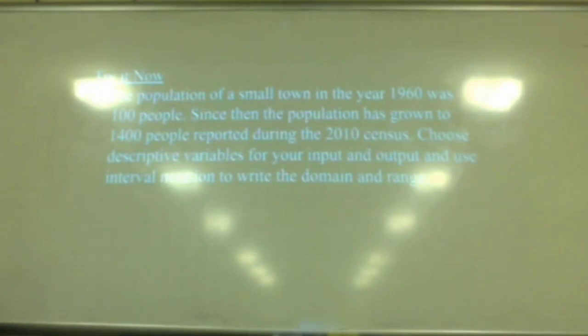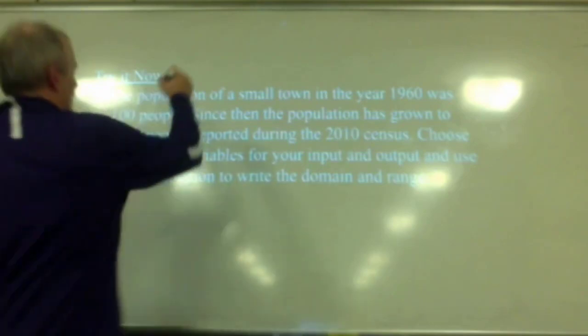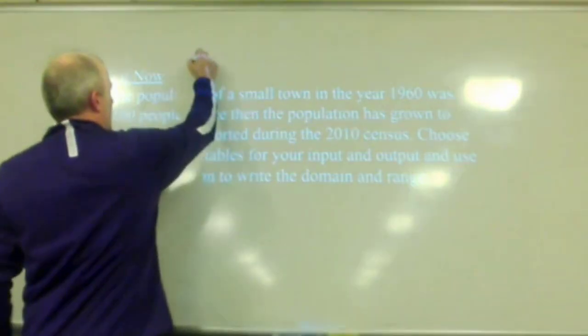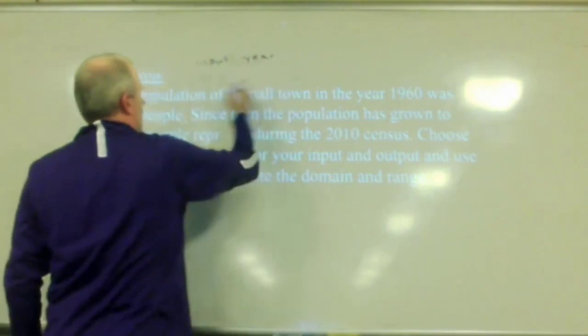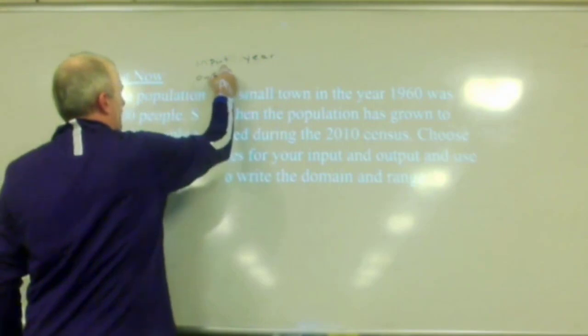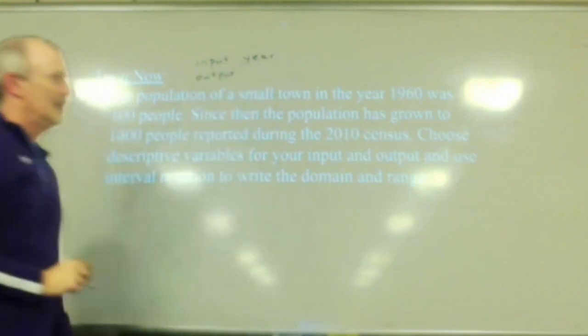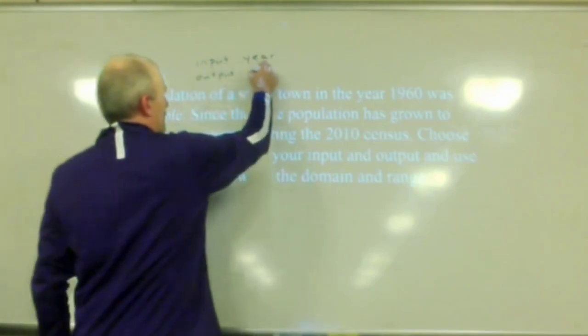The year, you find the year and then you count the people. So the year determines what the output is going to be. So 1960, the input will be the year. The output then is what? The population, the number of people.